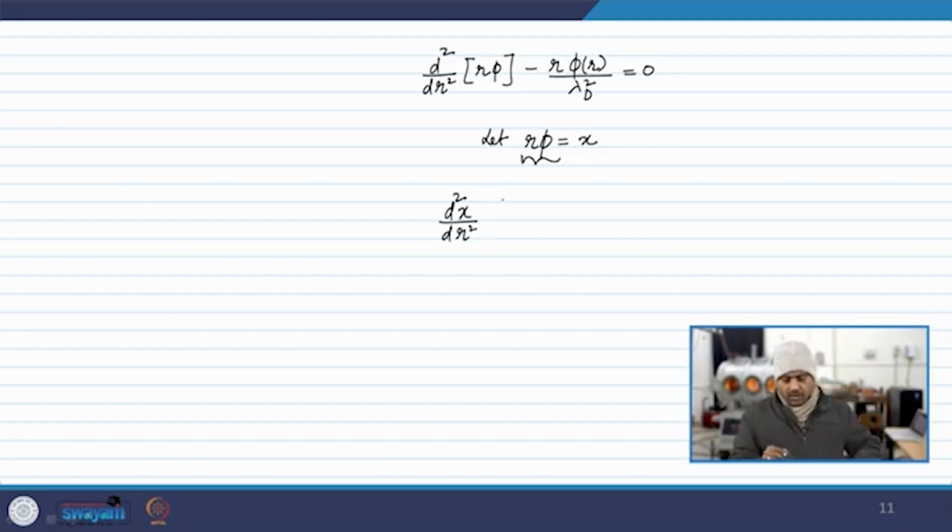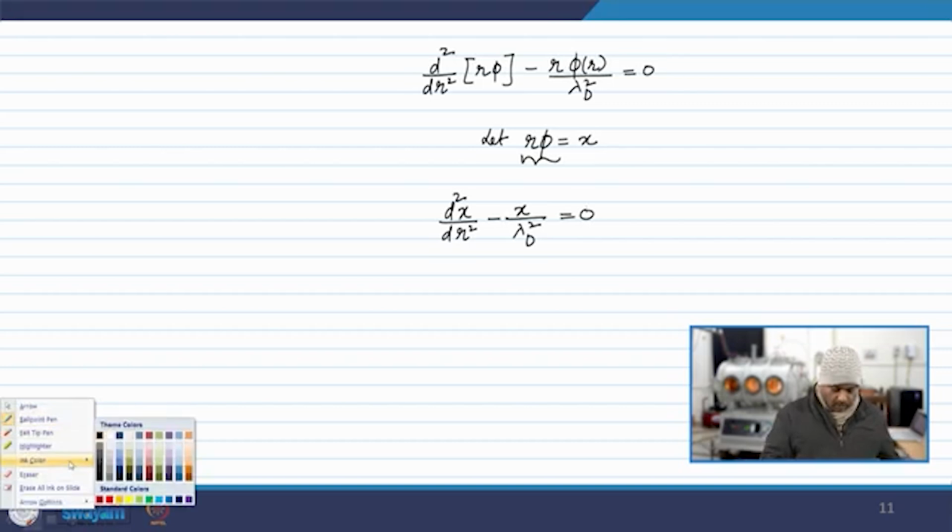Now, here it is very important to note that x is not length. Okay. It is, of course, r times the potential. Potential, if you take q by 4 pi epsilon naught r, just the basic form. The actual form of potential is what we are trying to understand or derive, but the point is r phi is not distance. d square x by dr square minus x by lambda d square is equal to 0.